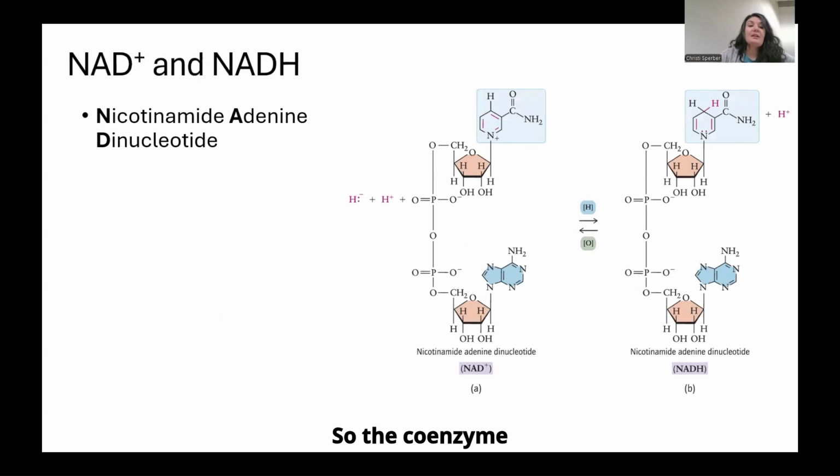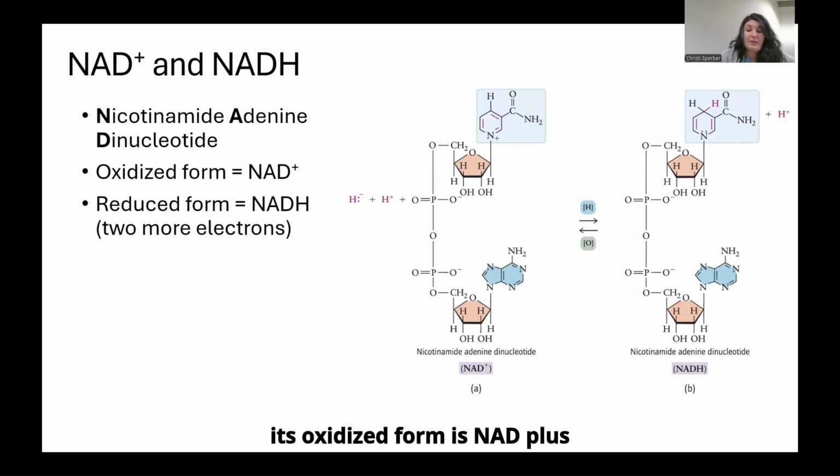So the coenzyme nicotinamide adenine dinucleotide, or NAD, its oxidized form is NAD plus, and its reduced form is NADH. So remember, one way to tell if something is reduced is if it has more hydrogens, and the NADH signifies that there is a hydrogen bonded to that NAD molecule.